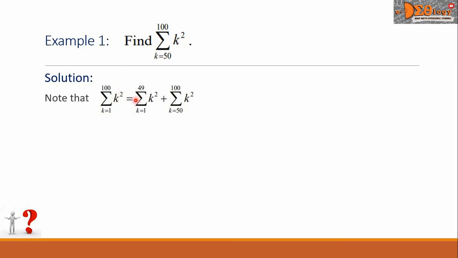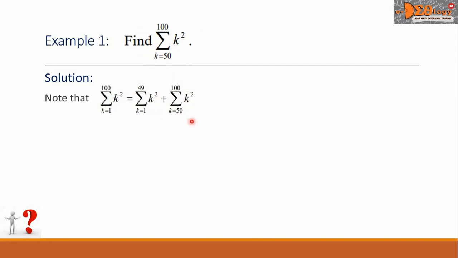The first is summation of k square, where k equals 1 up to 49, plus summation of k square, where k equals 50 up to 100. In our problem here, it refers to this summation.